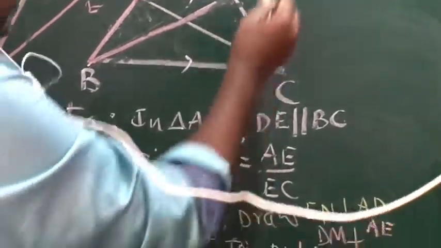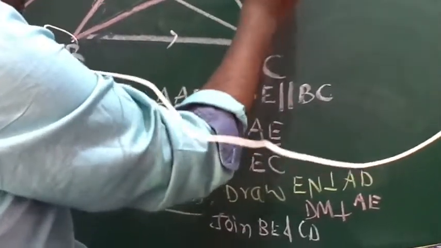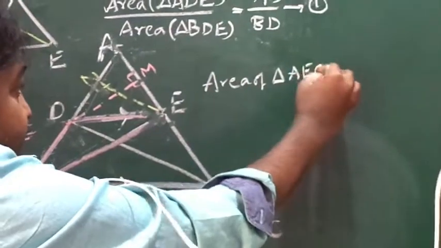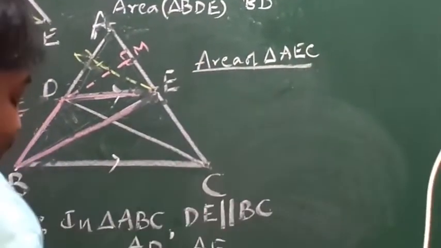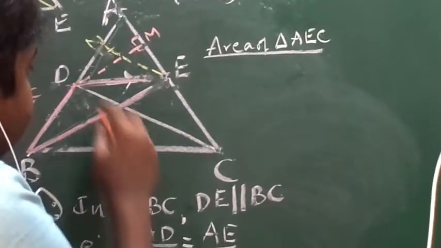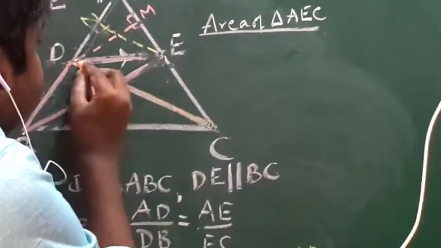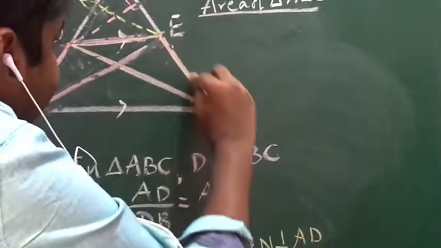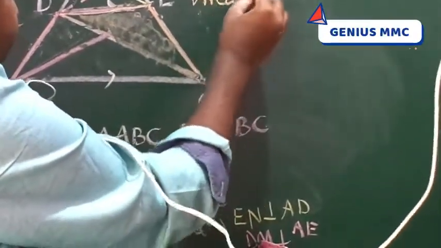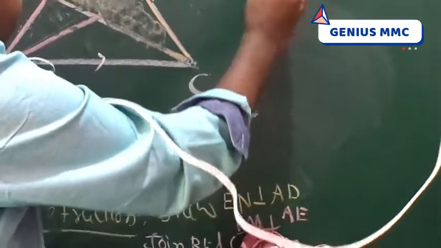Similarly, you write down the formula for taking AE and EC as base. You write down for this triangle: area of triangle AED by this triangle, area of triangle DEC.